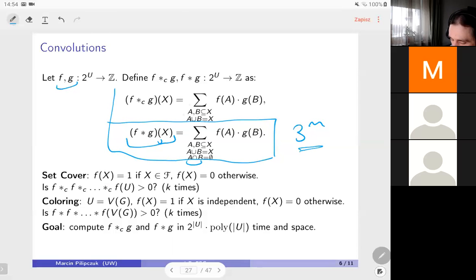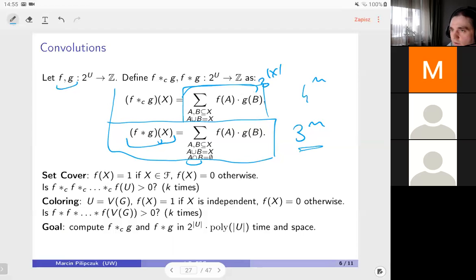And here it is even 4 to the n operations, because you don't have disjointness. The sum is like 3 to the size of x, because any element can be in A, in B, or in both of them.